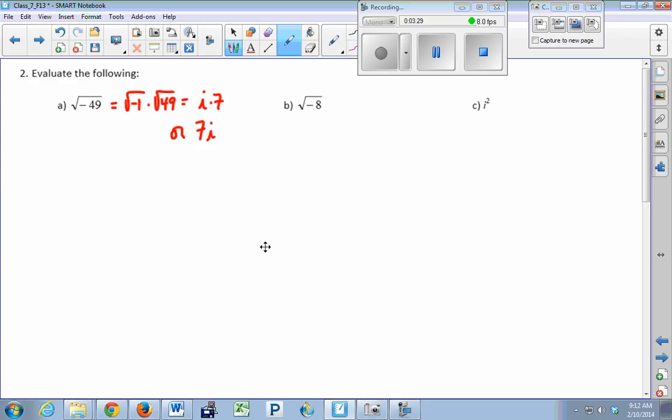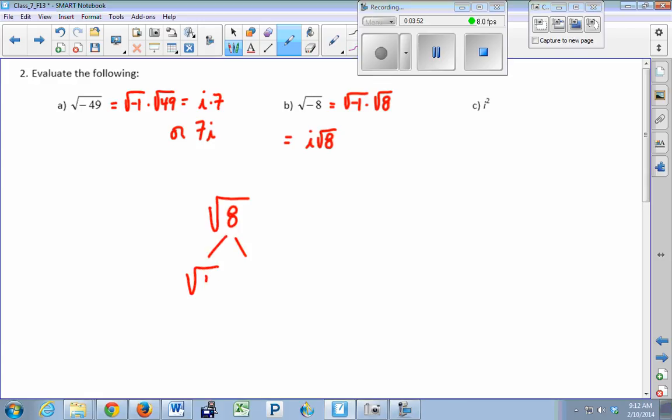Now 8 is not a perfect square. This takes a little more work. You might think that this is all you have to do, because 8 is not a perfect square. However, you can simplify the square root of 8 a little more, because it has a factor that is a perfect square.